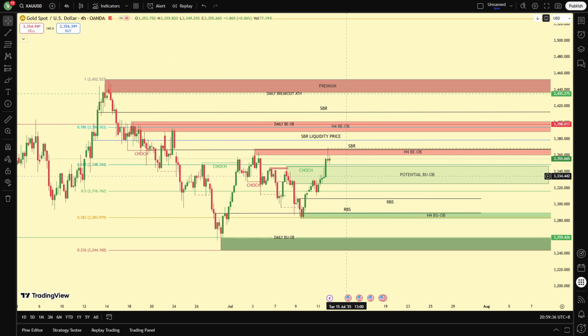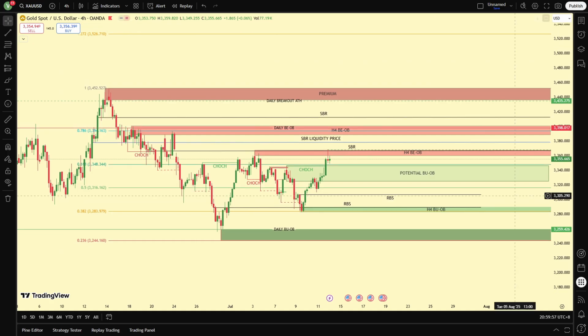If it's showing any potential of reversal going upward on the smaller time frame, for the bullish momentum to kick in, then we can enter on the lower time frame, and we can aim for the bearish order block over here, or our support become resistance liquidity price. So that's for our bearish or bullish bias.